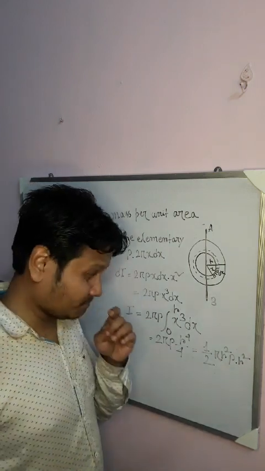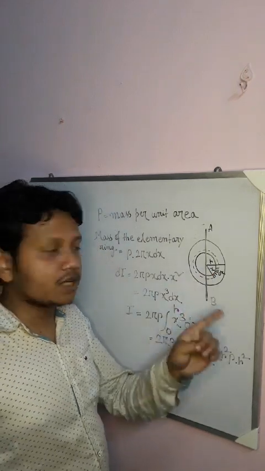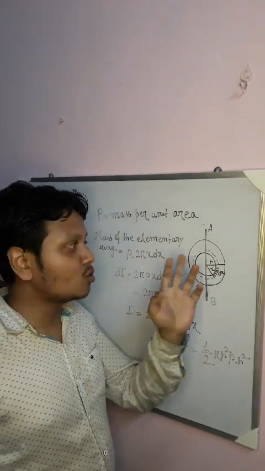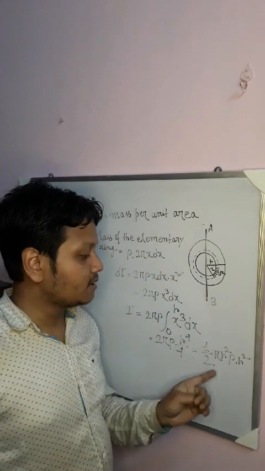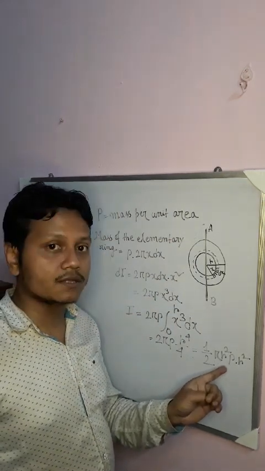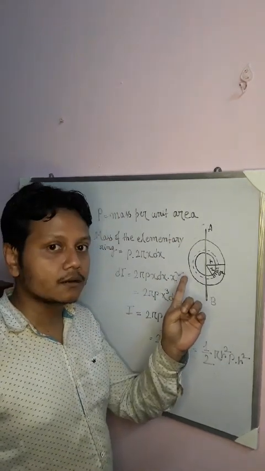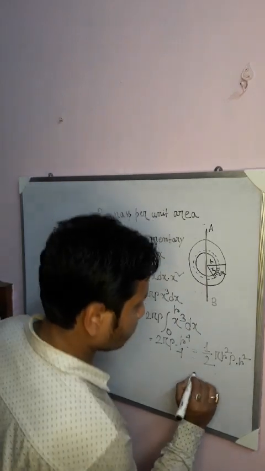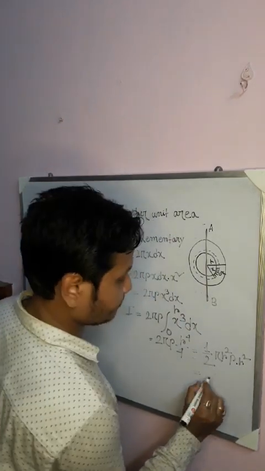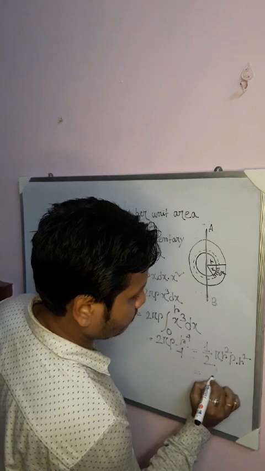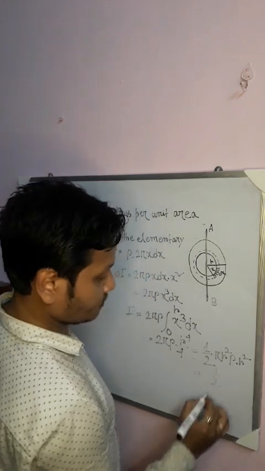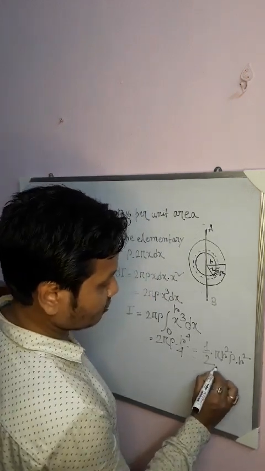Now the area of the disc is pi r square and rho is mass per unit area, that means pi r square rho is the total mass of the disc. So we can write this as half m r square. Sorry, the marker is almost finished, so I have to buy a new one.